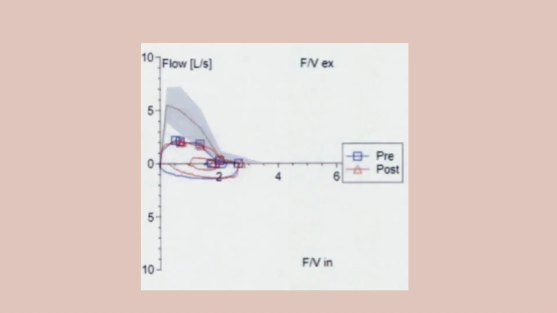So flattening of the expiratory and inspiratory curve can be observed in patients who already have at least moderate to severe stenosis. When the obstruction is not as significant, you may or may not see this manifestation on the PFT.